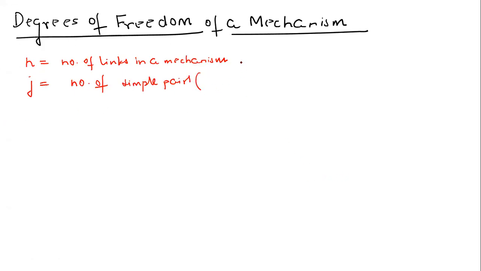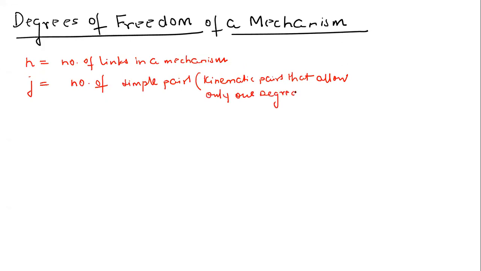Simple pairs means kinematic pairs that allow only 1 degree of freedom.